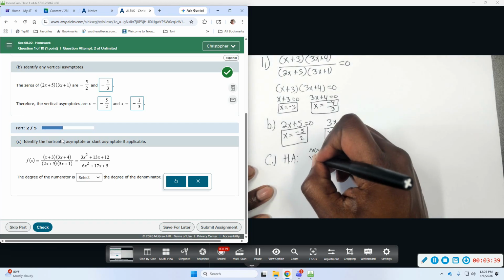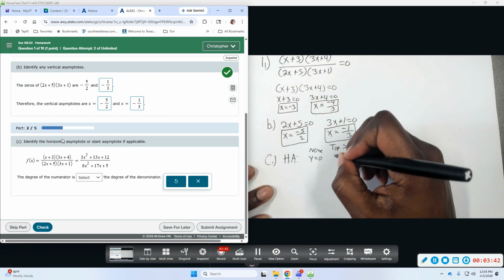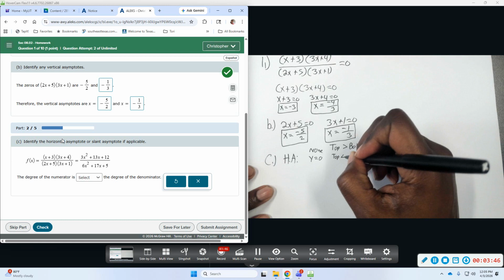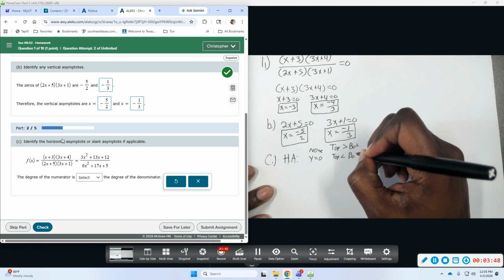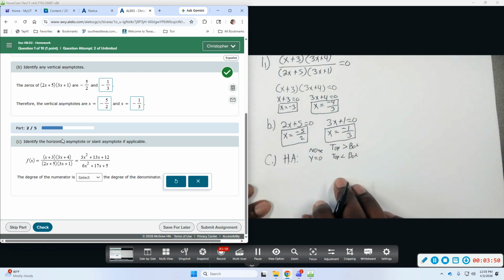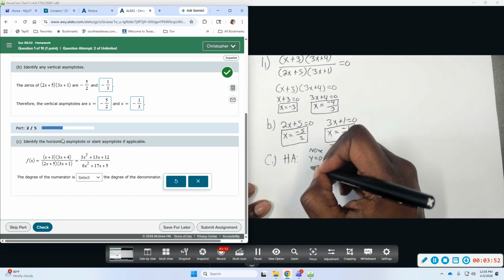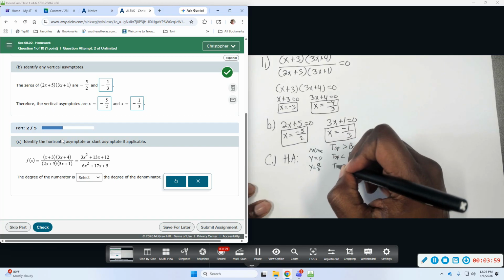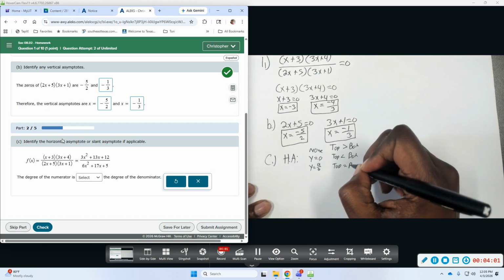You get y equals 0 when the top is less than the bottom. Okay, so the bottom is greater than the top, however you want to say it. And then y equals the ratio when the top equals the bottom.